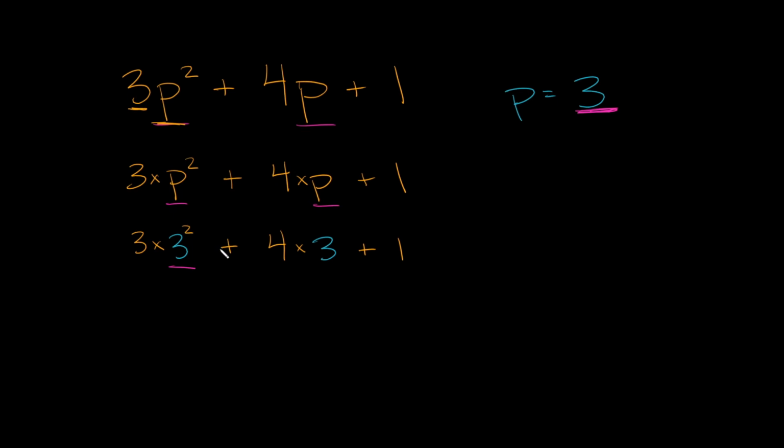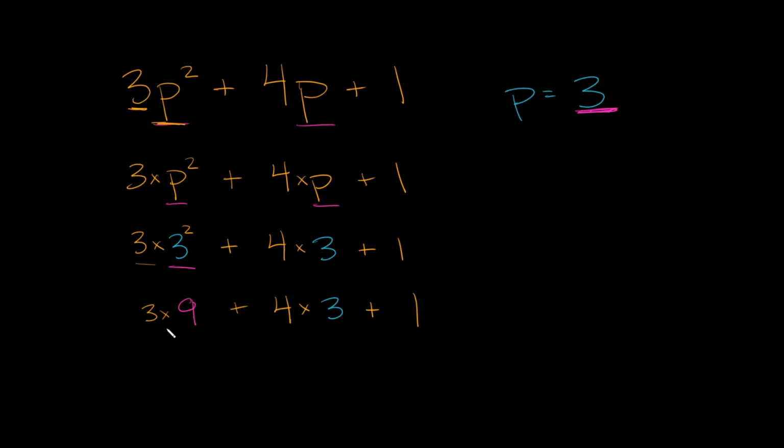So 3 to the second power simplifies to 9, okay? So we just dealt with our exponent. There's no more exponents left, so let's bring down the rest of our problem. So now we have this 3 times right here. Then this plus 4 times 3 plus 1. Okay, so next in the order of operations comes multiplication and division.